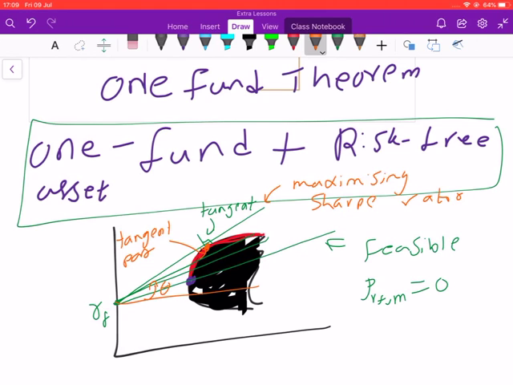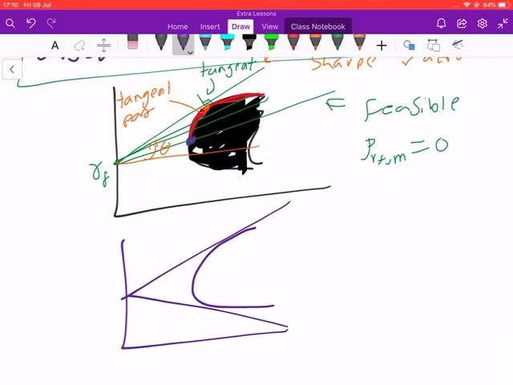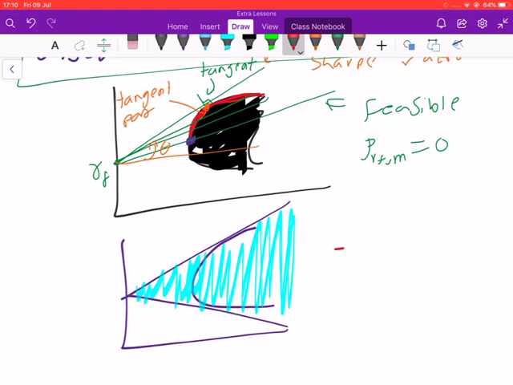So how do we do this? As we can see from our newly developed set, our new feasible set is going to be here, and this line on top is going to be your new efficient frontier.